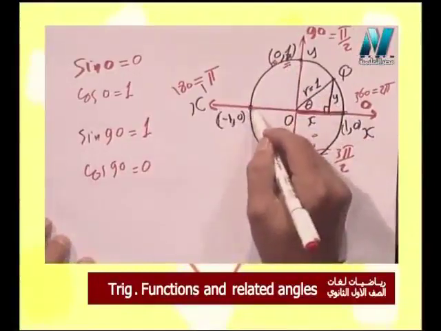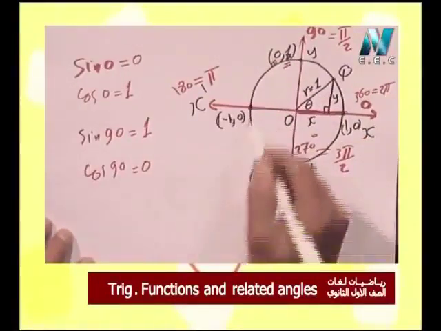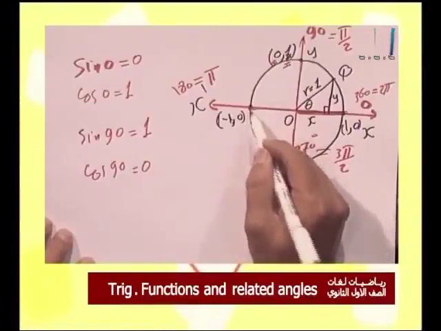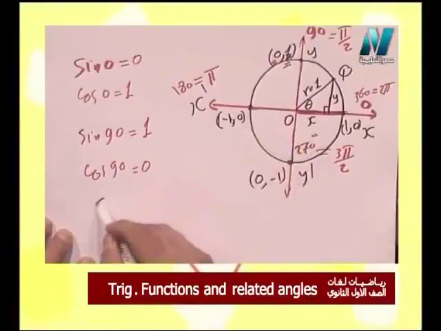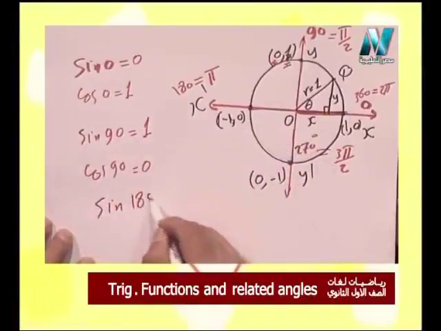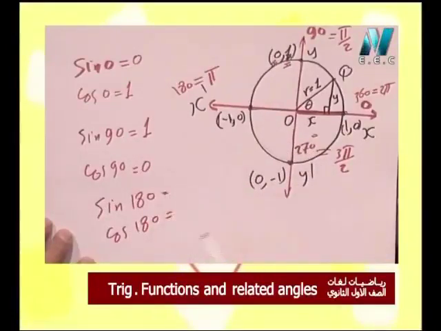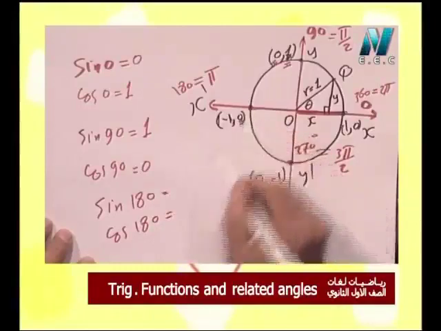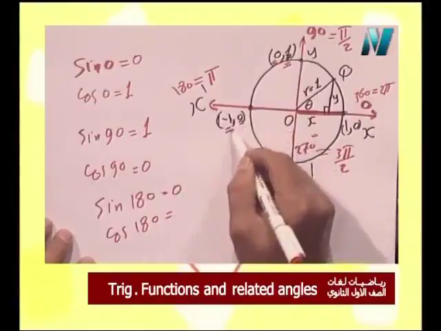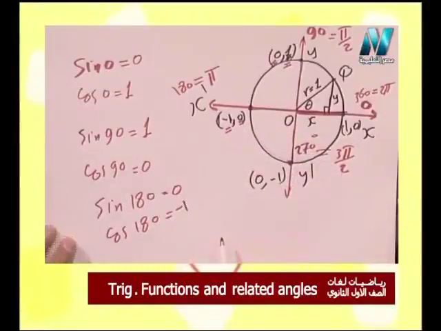Look here. If you would like to find sine 180 and cosine 180, sine equals 0 and cosine equals negative 1. And look here, which is 270.